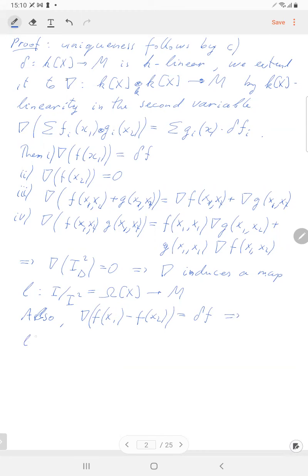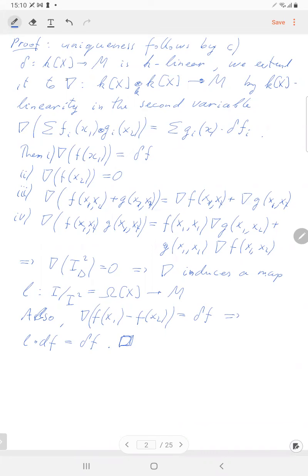So L of df is delta f, and there we are. That's what we wanted to prove. So once again, the Kähler differentials do have some explicit description, but they solve a universal problem.